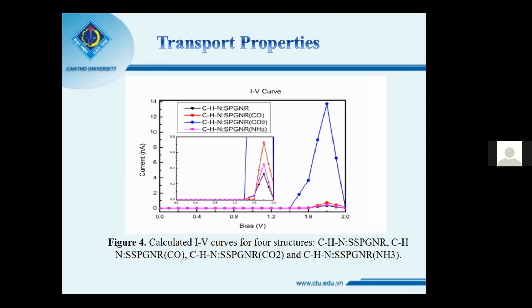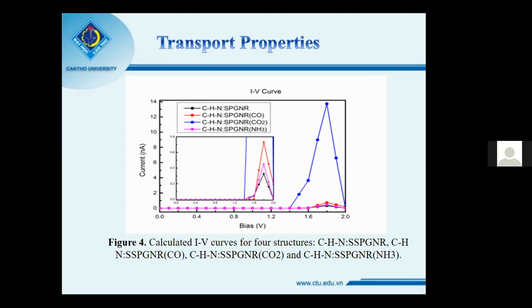Figure 4 shows the IV curves for the CO2 absorbed sample and the pure sample. We can see that the lines are similar when biased from 0 to 1.4 or 1.6. The current values of the samples are almost zero.